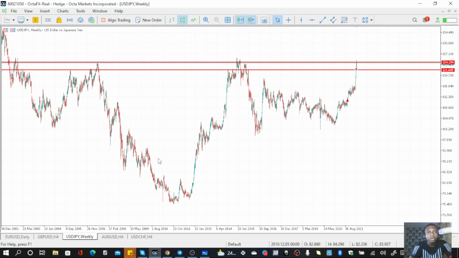All right, so I want to believe you are getting value from this session. Don't forget, there are 3 things I said we should look out for. One, the direction of the market. Two, the market structure. Is it at a demand zone or supply zone? I said demand zones are support levels, and supply zones are resistance levels.